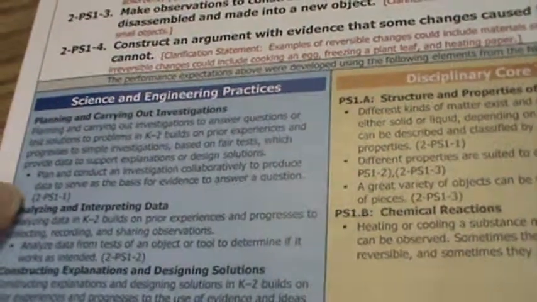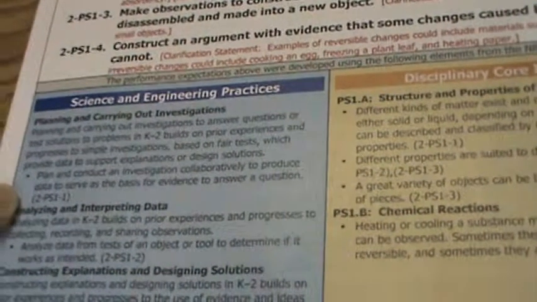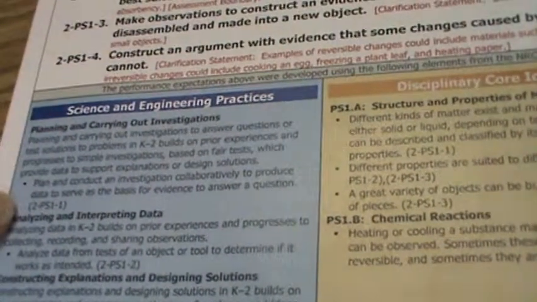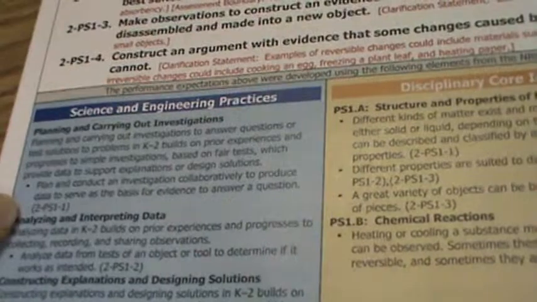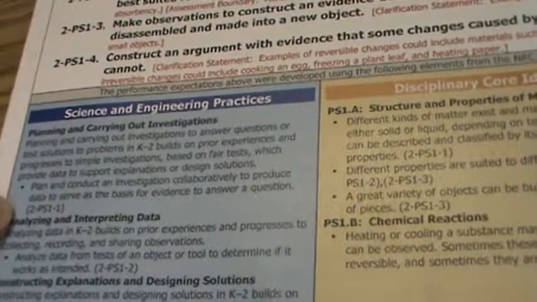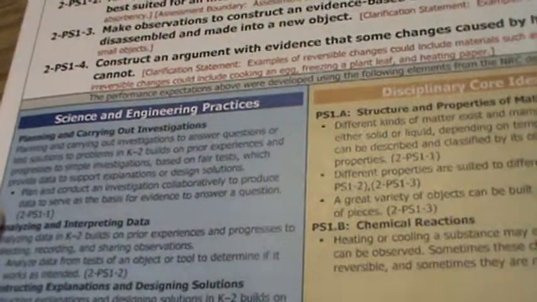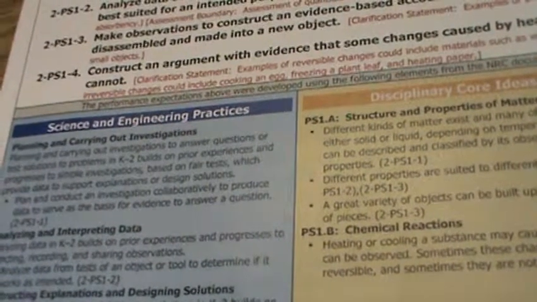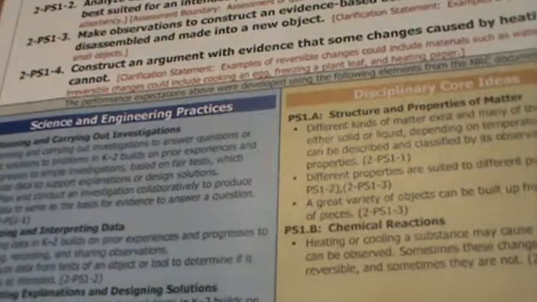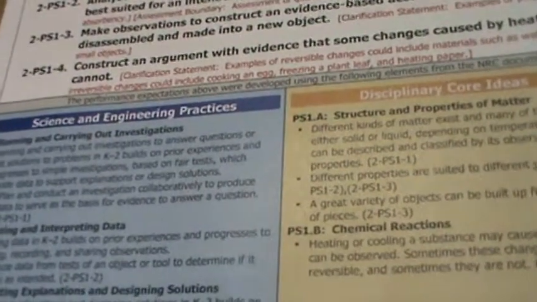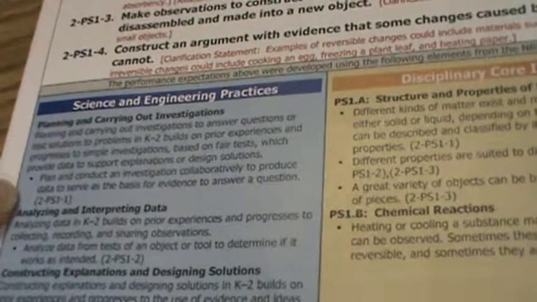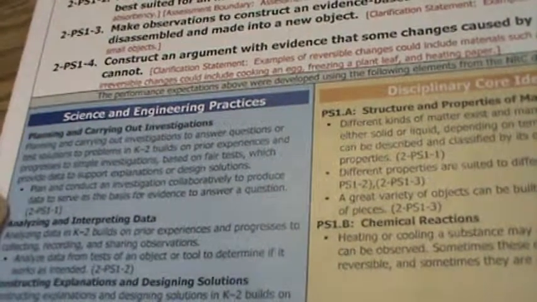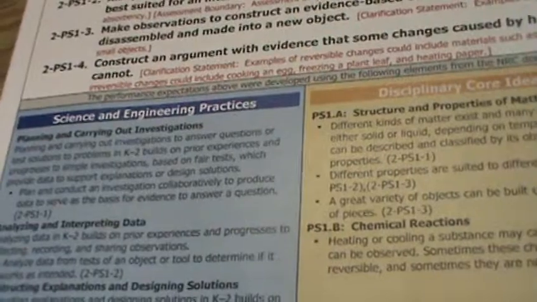So planning and carrying out investigations to answer questions or test solutions to problems in K through 2 builds on prior experiences and progresses to simple investigations based on fair tests which provide data to support explanations or design solutions. Plan and conduct an investigation collaboratively to produce data to serve as the basis for evidence to answer a question. So that's the engineering practice that goes with that performance expectation.